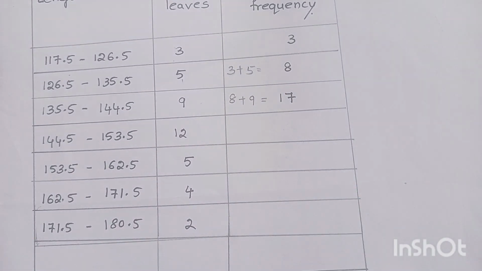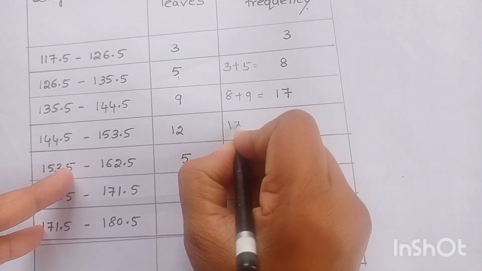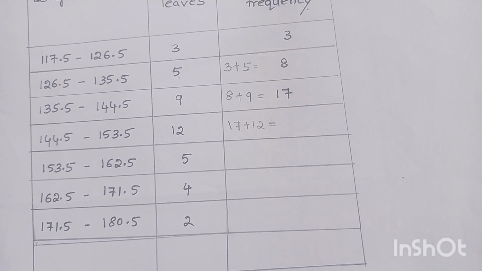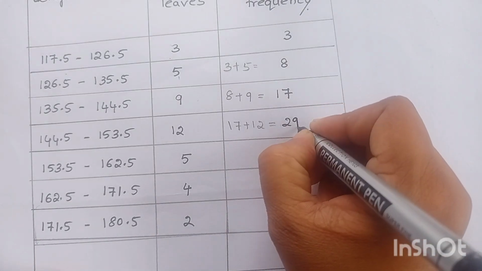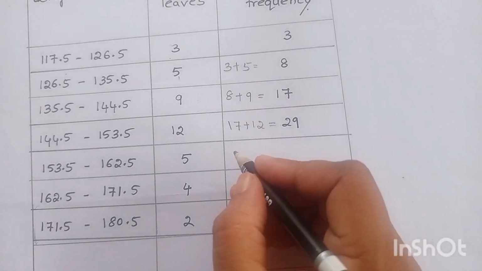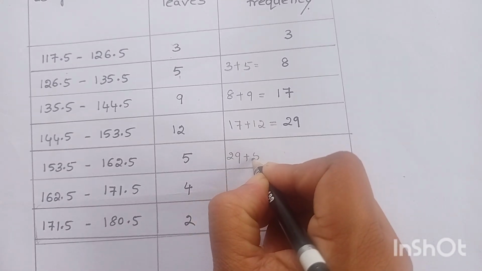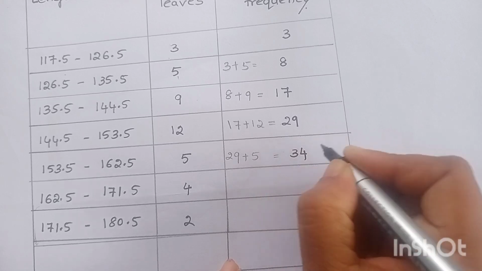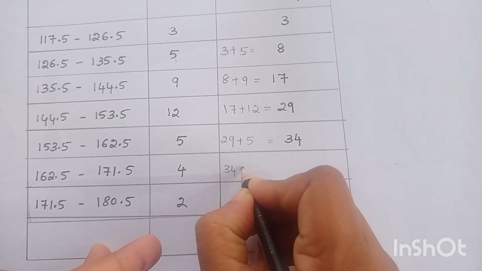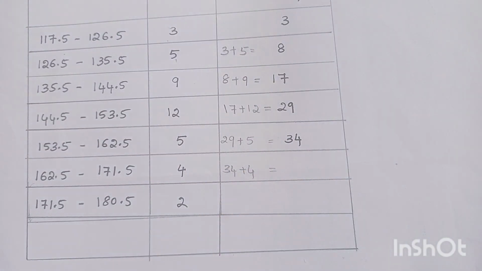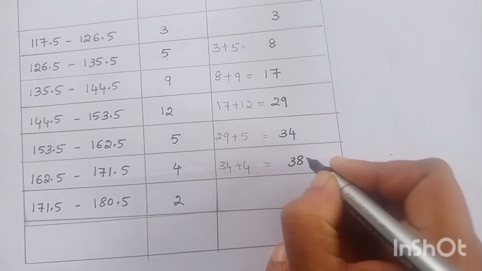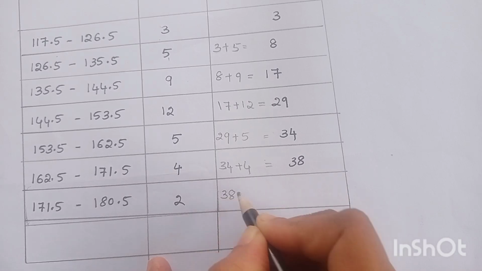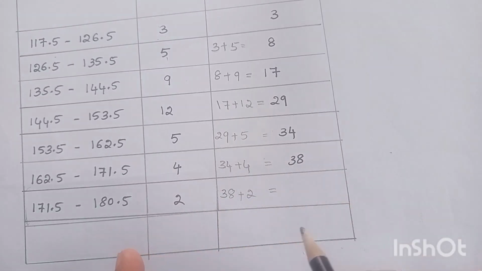Then 17 plus 12 is how much? 29. 29 plus 5 is how much? 34. 34 plus 4 is how much? 38. Then 38 plus 2 is how much? 40.